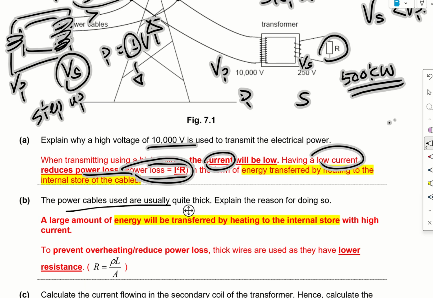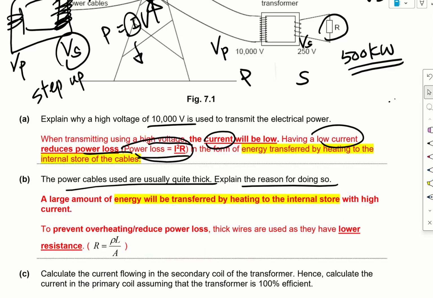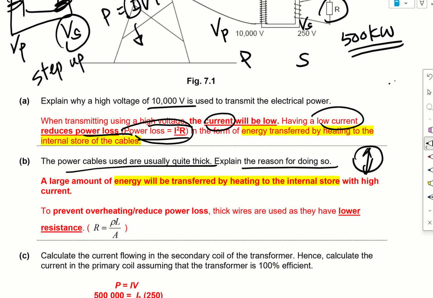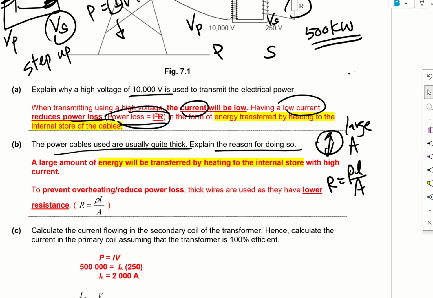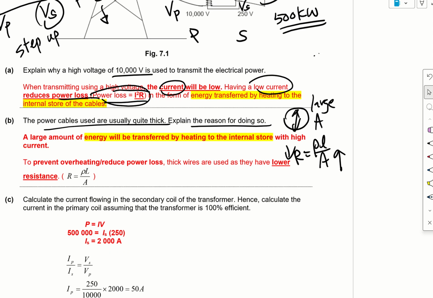Now, the power cables used are usually quite thick. Explain the reason for doing so. If it's thick, that means there's a large cross-sectional area, large A. Because R equals rho L over A, if I have very thick wires, my cross-sectional area is large, so therefore the resistance of the cable will be low.